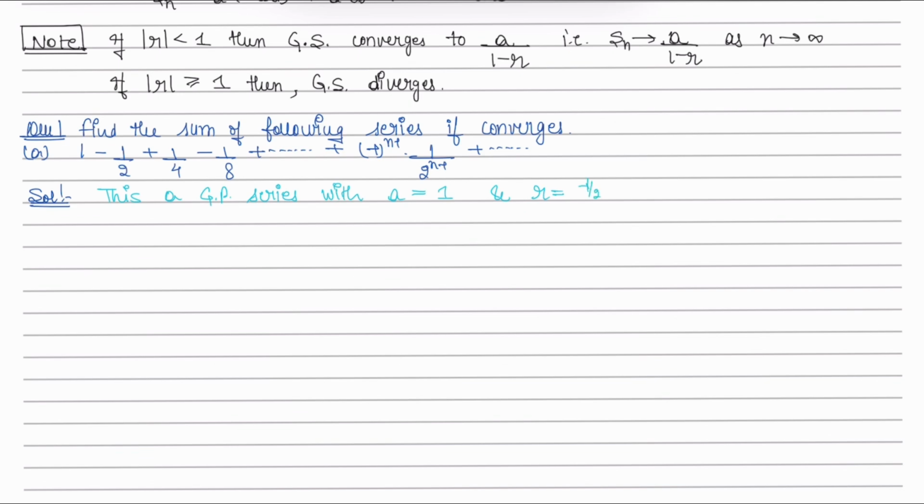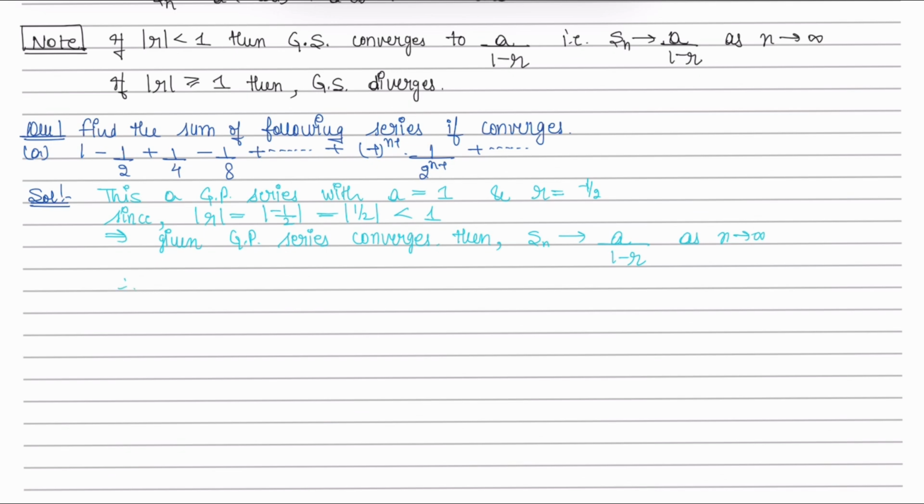Since mod of r is equal to mod of minus half, which is equal to half, which is less than 1, this implies the given GP series converges. And if it converges, then Sn tends to a upon 1 minus r as n tends to infinity.